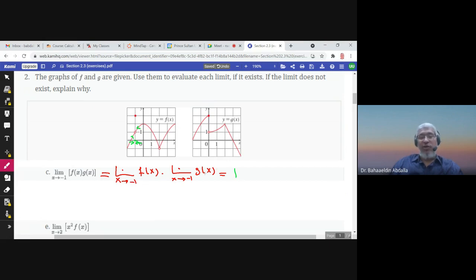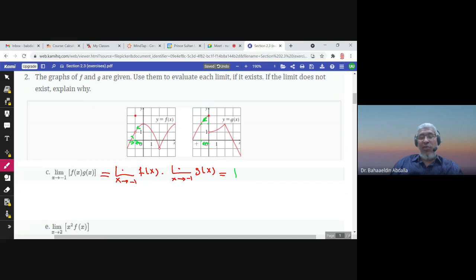What about g of x? Well, this is -1. When x approaches -1 from the right, while you are here, the function is here. If you come closer to -1, the function would be here, then here, then here. So it's going like this, and it's approaching this point, which is 1, 2.